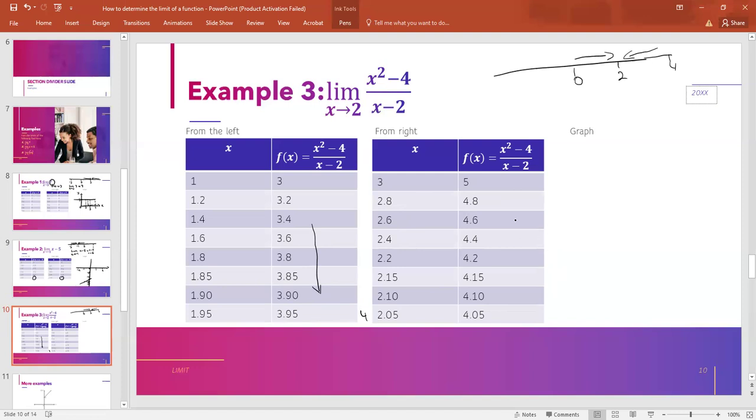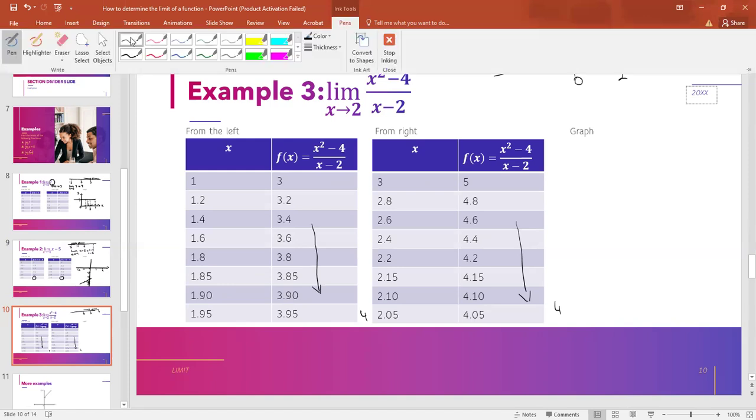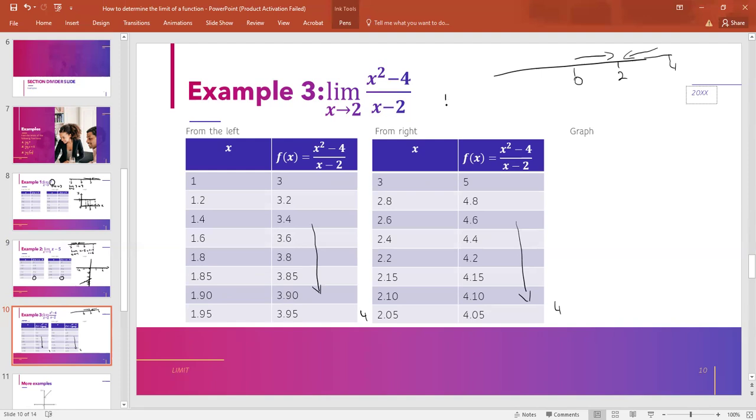And you see that it goes towards what? If you run it up, it goes towards 4. And that makes sense simply because if we try and simplify our function here, what can we observe? The numerator more or less looks like the difference of 2 squares.